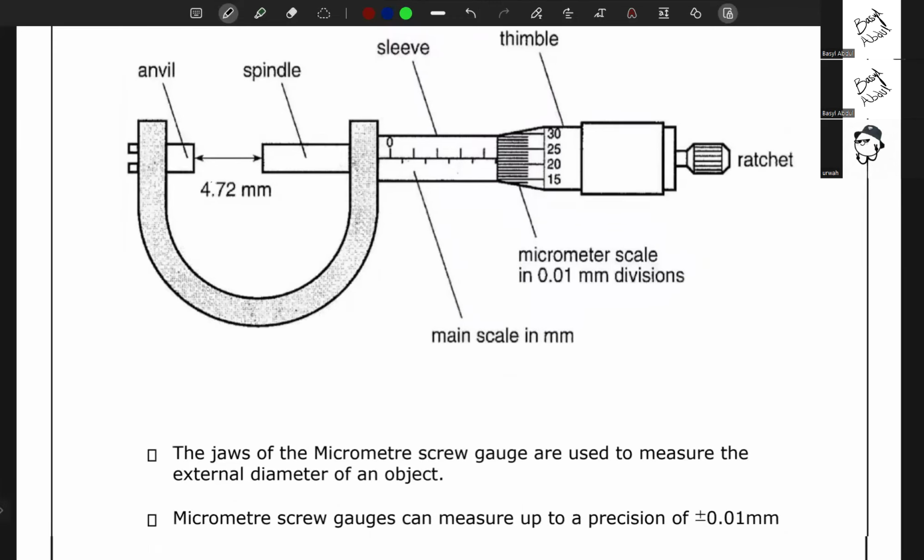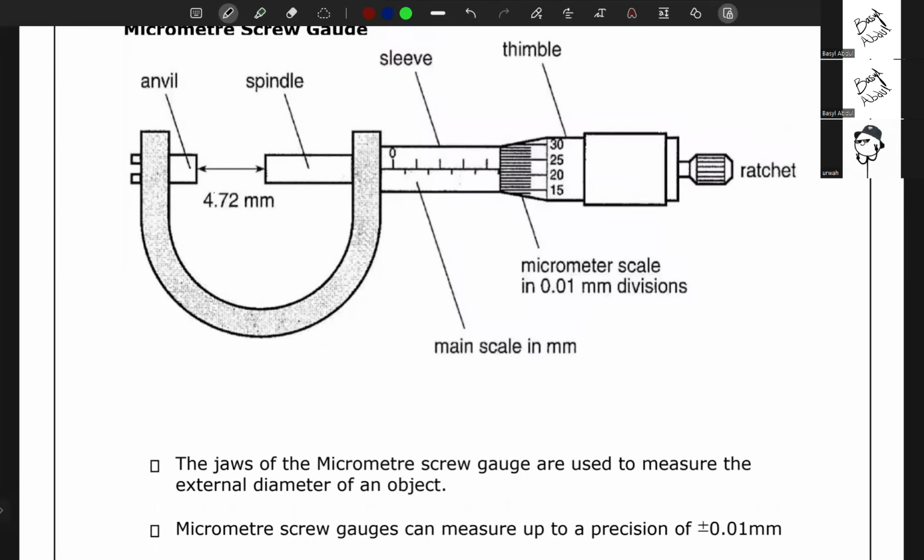To read a micrometer screw gauge, you turn the thimble, so it's rotatable, right? You turn it until the spindle touches whatever lies between the anvil and the spindle. So the spindle would be touching the object, and then you turn the ratchet.